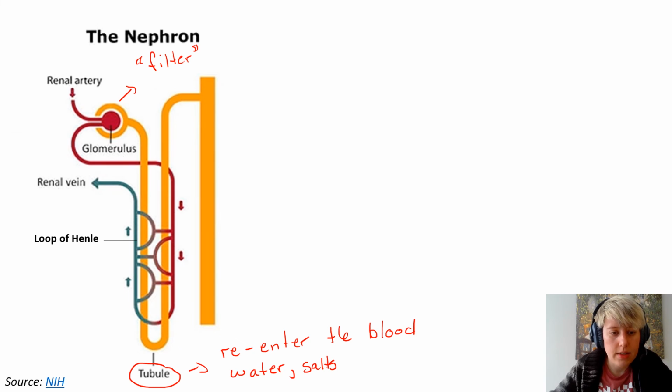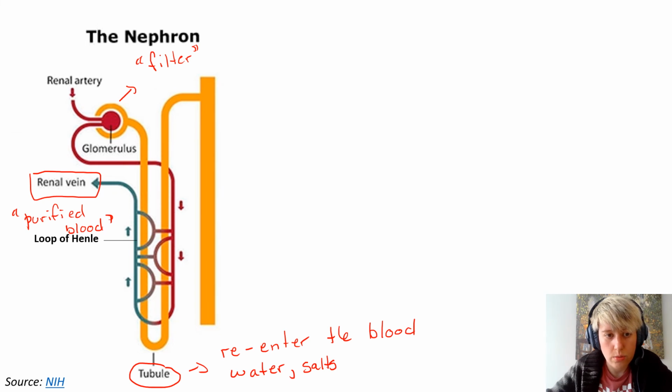So what happens is, after the liquid has gone through the tubule, anything that remains in the bloodstream is your purified blood. So it leaves the kidney via the renal vein. And anything that stays in the tubule, that becomes your urine. And then that basically exits the body.